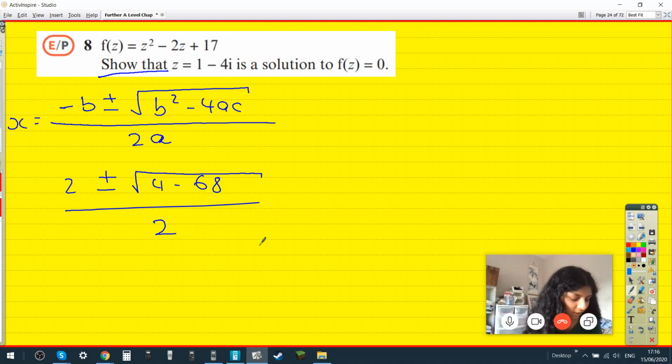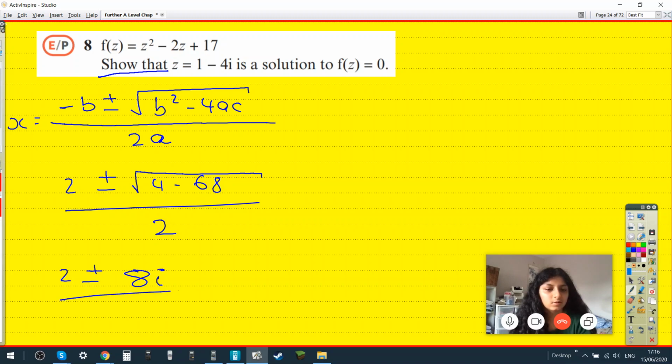Somehow I have to simplify that. Wait, 4 minus 68 is minus 64, which is 8i over 2. So that's just 1 plus minus 4i.